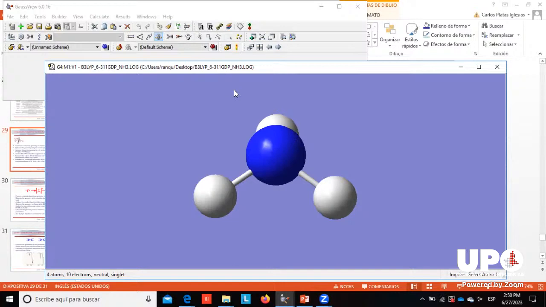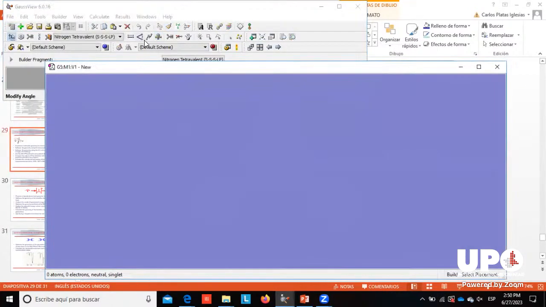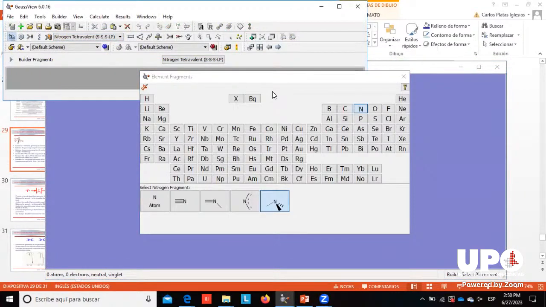Okay, so to look for the transition state, we have to first think a little bit, right? To have an understanding of what we are looking for.